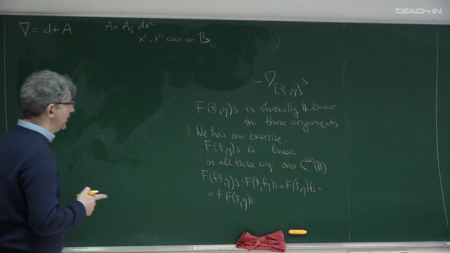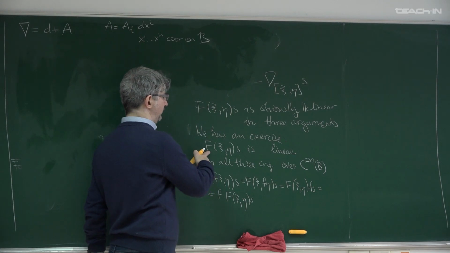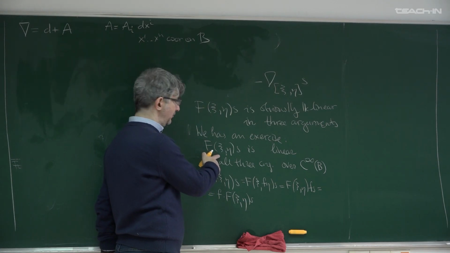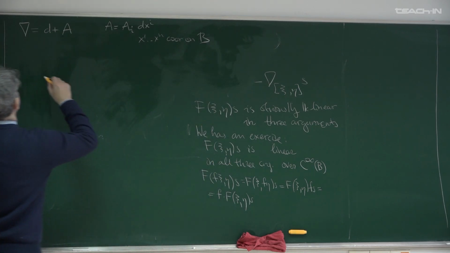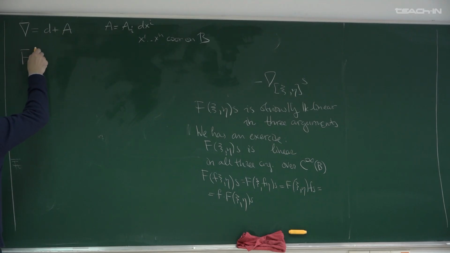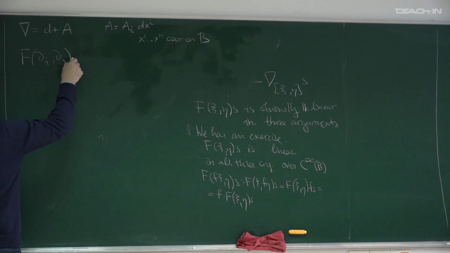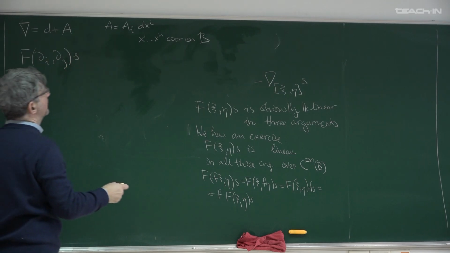So if I want to calculate the components of F, I need not to put here arbitrary vector fields, but I will put here basic vector fields. So I want to calculate what happens if I substitute here d_i, d_j, and apply it to s.